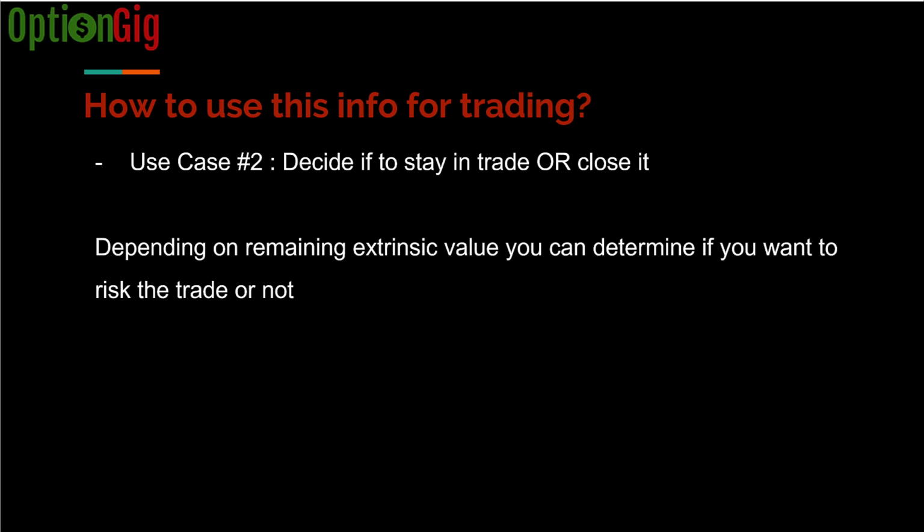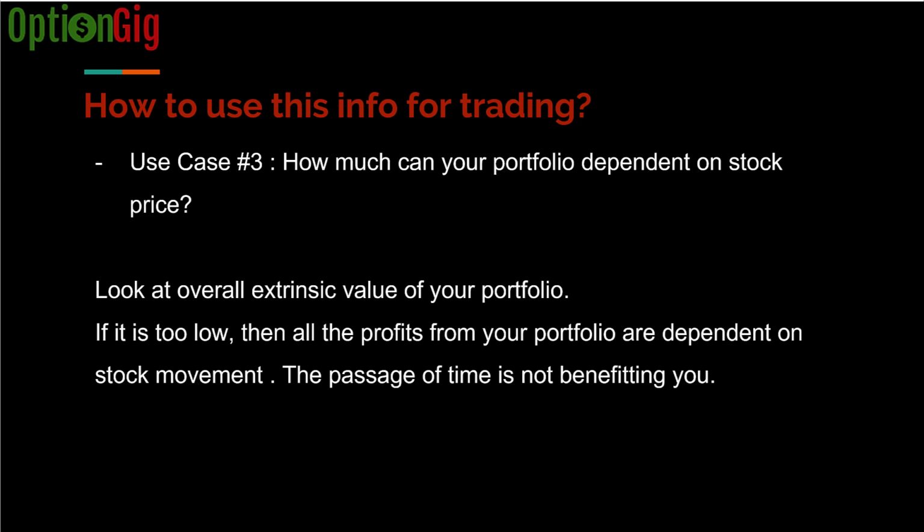Next use case I want to talk about is to find out how much your overall portfolio is dependent on the stock price and its movement. To find that out, you should look at the extrinsic value not at each option contract level, but at your portfolio overall.